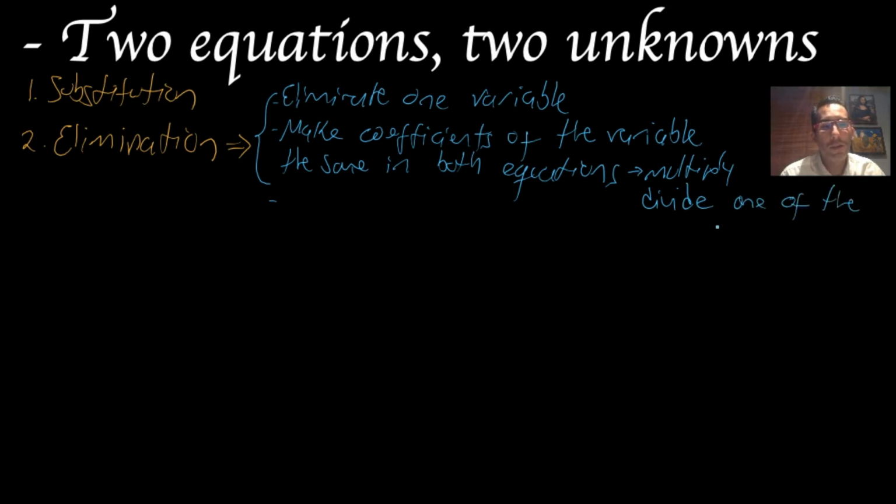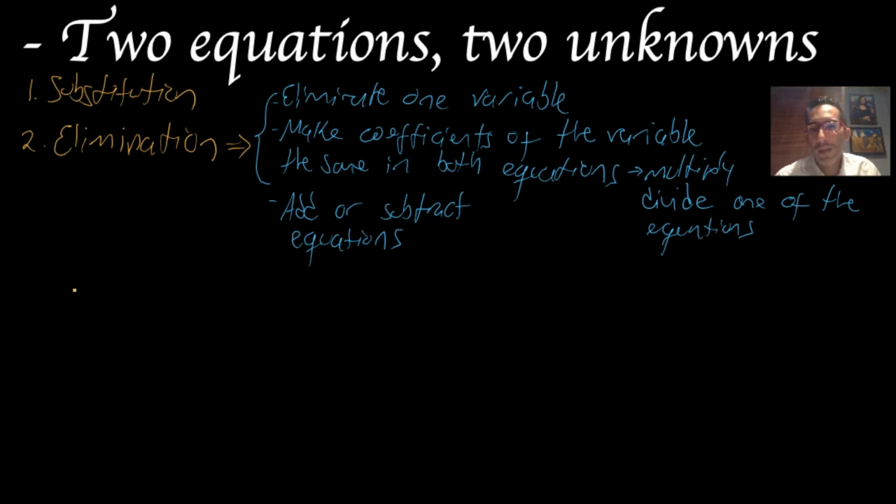After we have the coefficient of one of the variables the same in both equations, now we just need to decide if we want to add or subtract the equations in order to get rid of the variable.